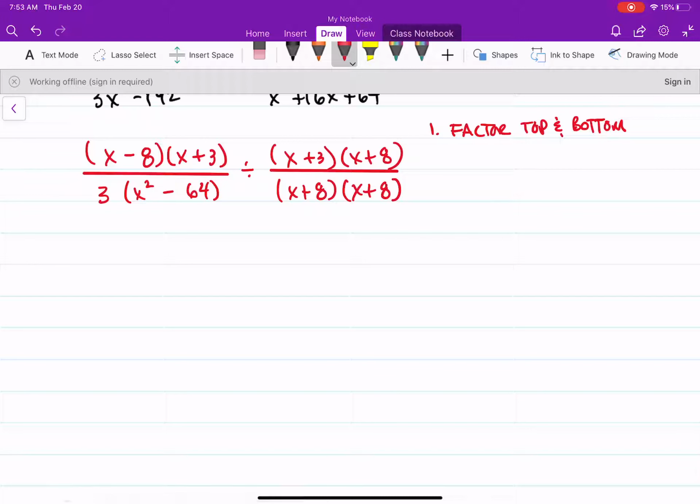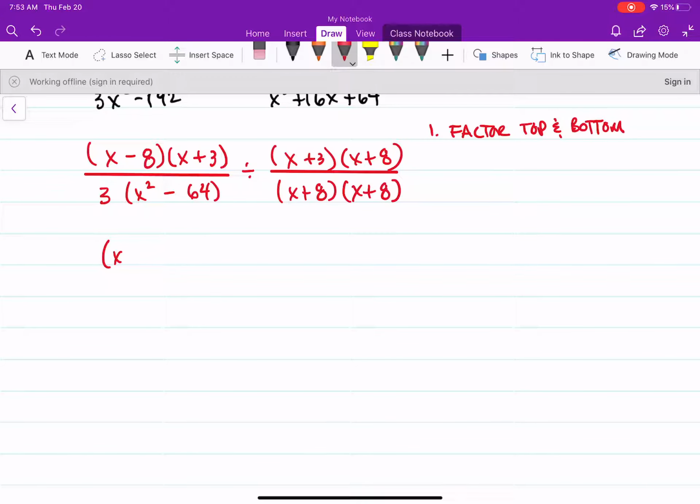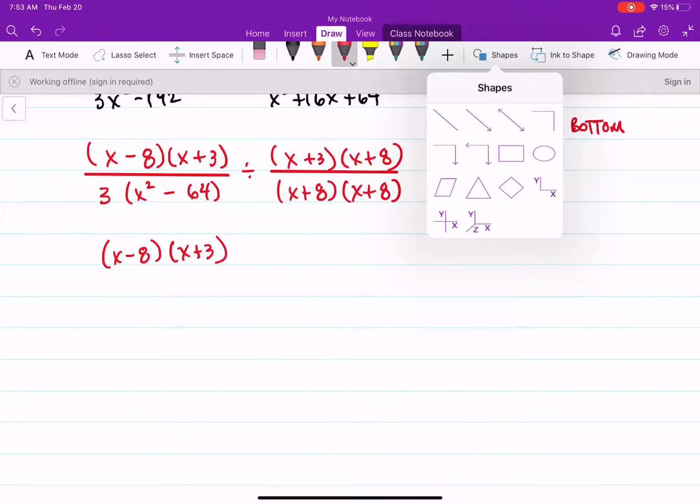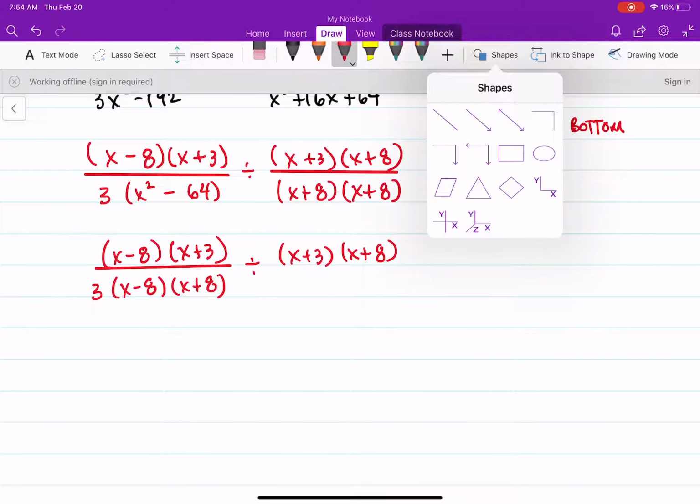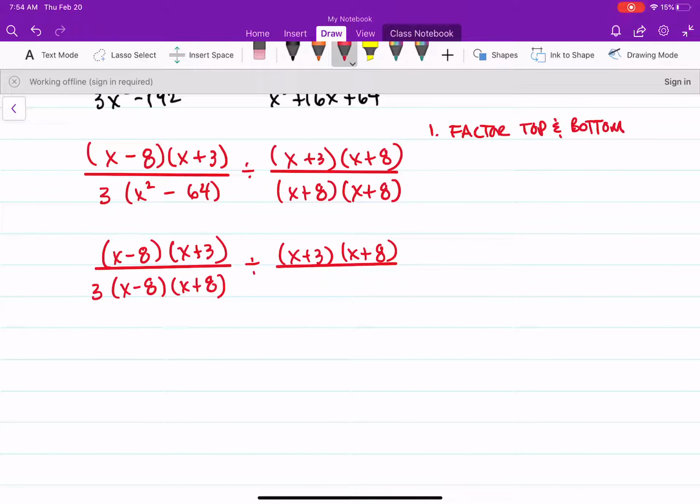We have a difference of 2 squares, so let's go ahead and rewrite all of it and finish that off. The bottom is going to be 3 x minus 8 x plus 8 divided by x plus 3 x plus 8 over x plus 8 times x plus 8.